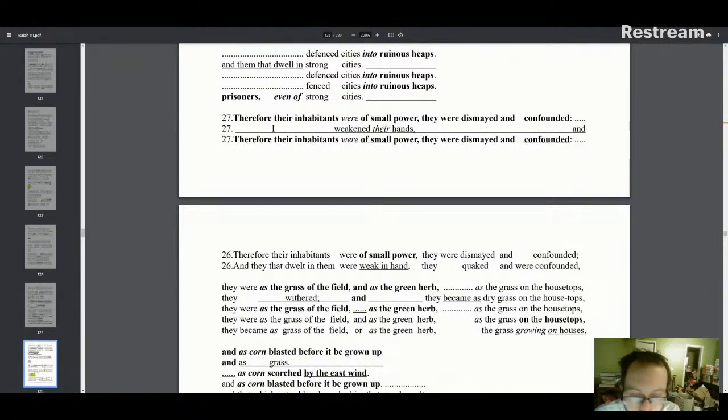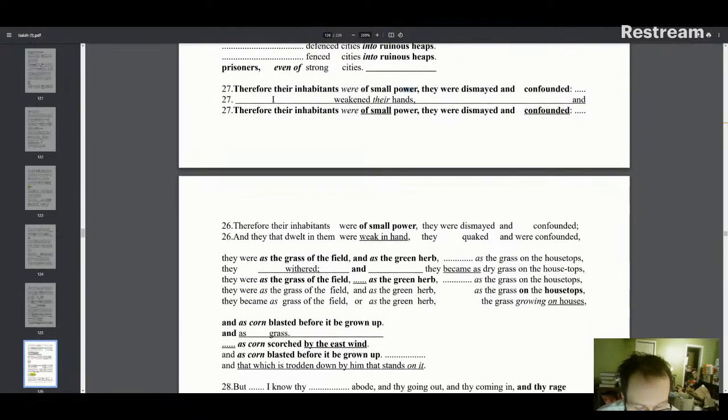Interesting variant here, we have "I weakened hands" versus "therefore their inhabitants were of small power. They were dismayed and confounded." I typically prefer the first person language, but the fact that it's so shortened in the Septuagint makes a case against that reading.